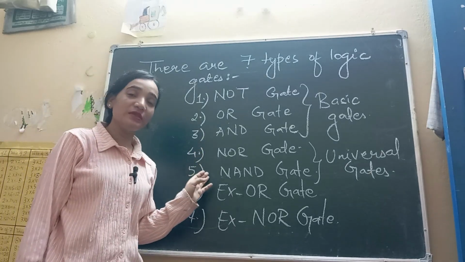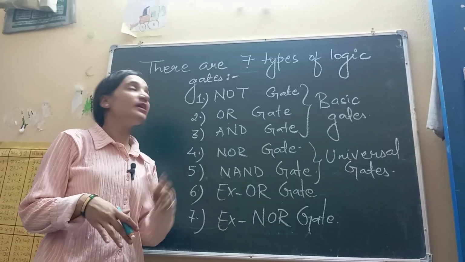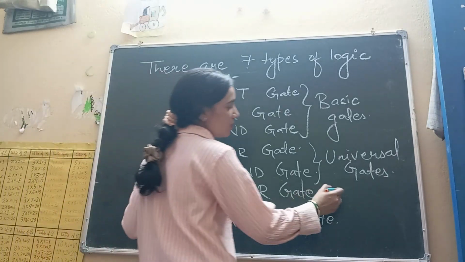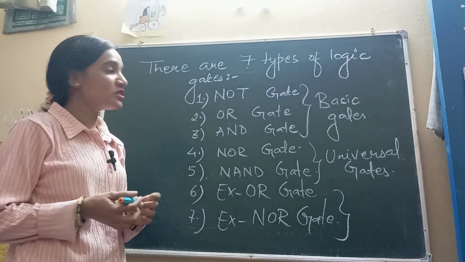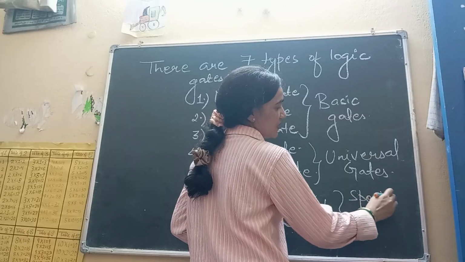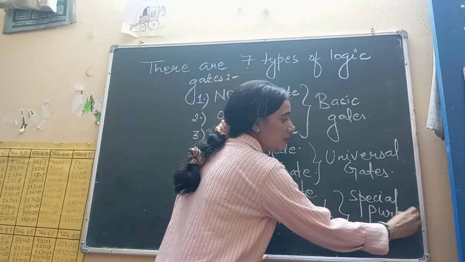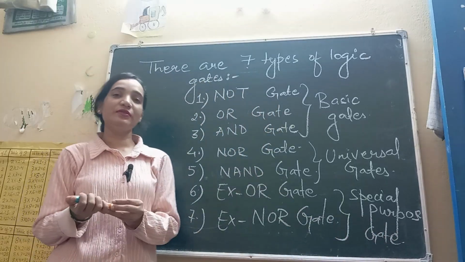Because with the help of these two, NOR and NAND, we can make all the other gates. And XOR and XNOR gates are called special purpose gates.